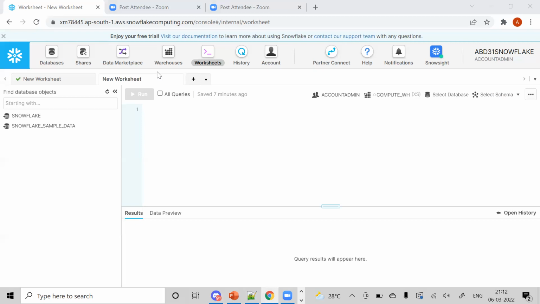Even AWS Redshift is equally good or better than Snowflake. Redshift is also one of the major competitors. Snowflake and Redshift are 50-50. Actually, I would say Redshift is 55-60% and Snowflake is just 40%.